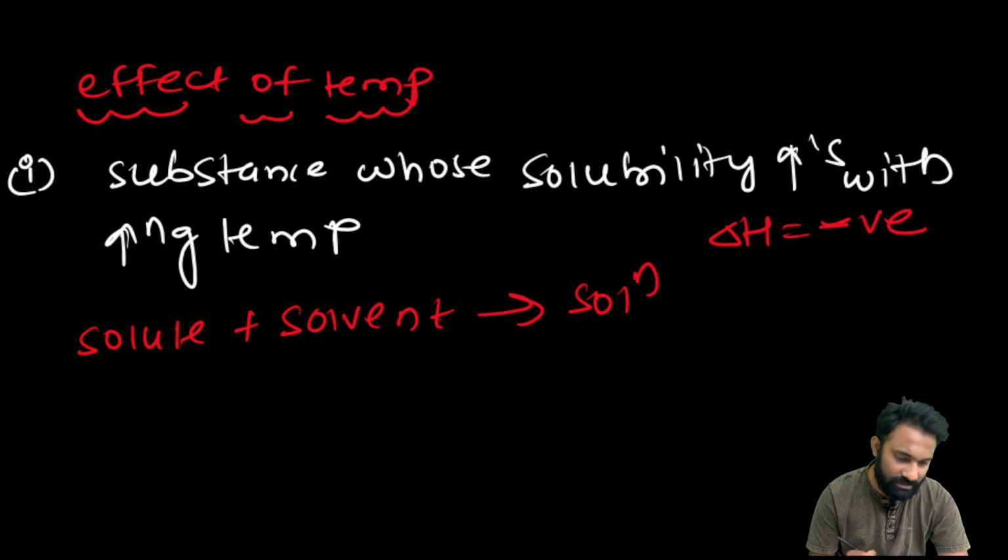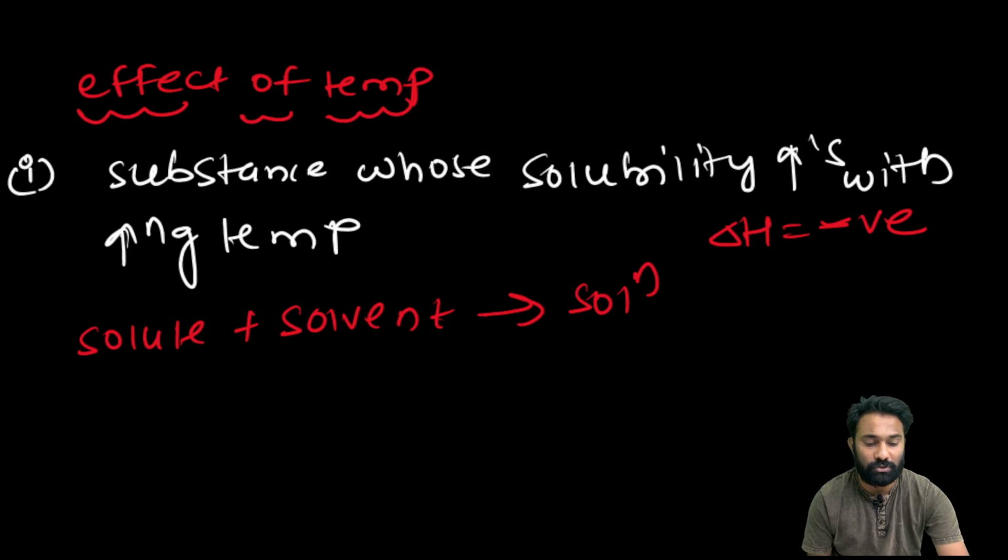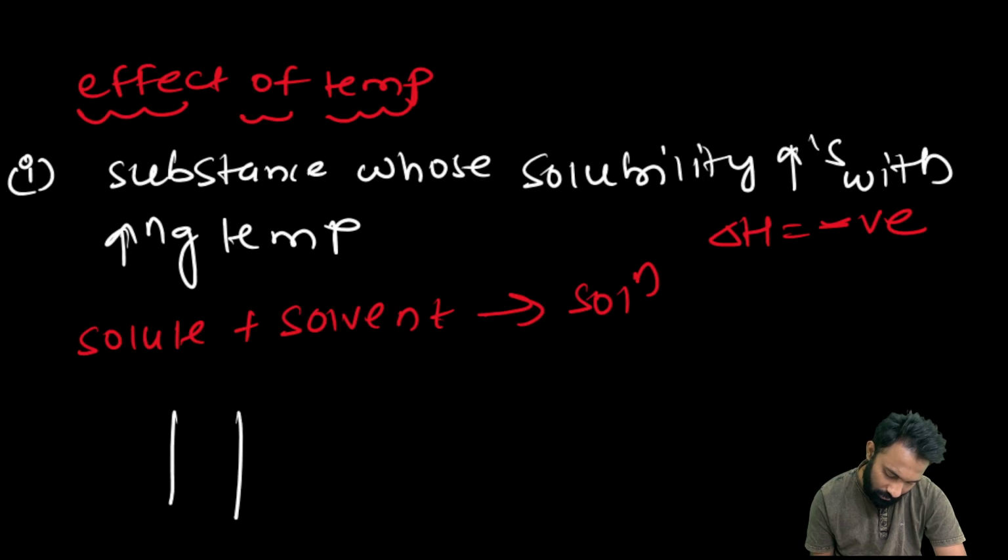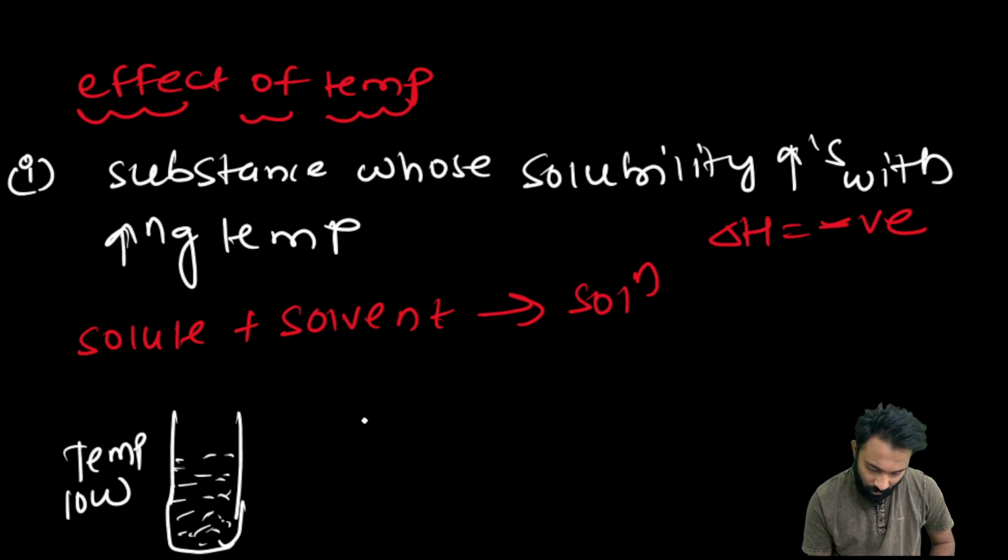Sir, can you give a generalized example to help us understand it very clearly? Example, I will take one cold coffee. Let us assume this is one cold coffee. Okay, temperature is low. Now I will take one hot coffee.